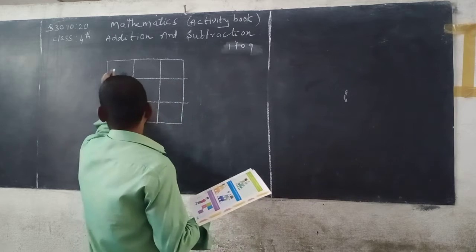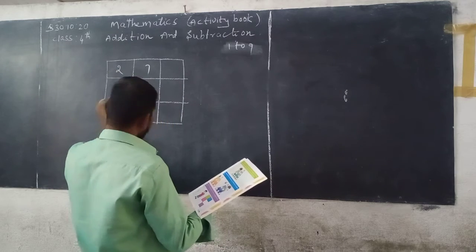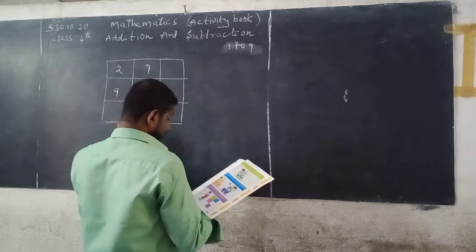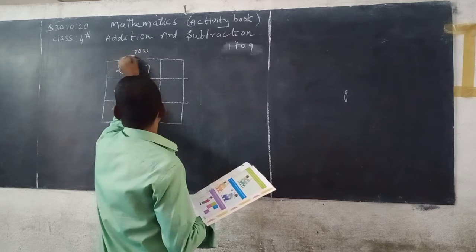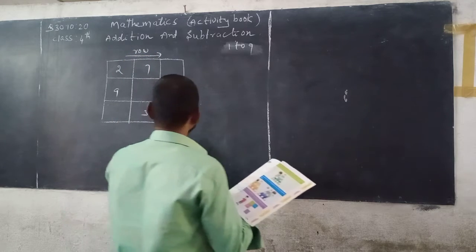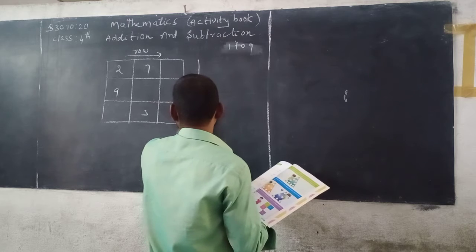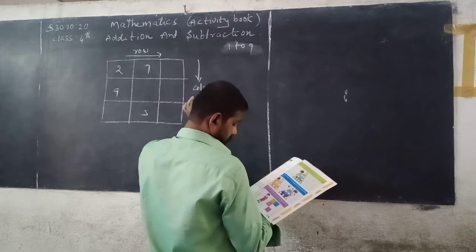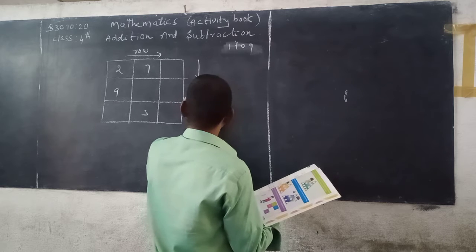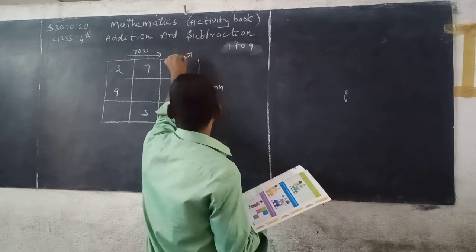See here, 2, 7, 9, 3. So this is row. So this is column. So this is a diagonal.